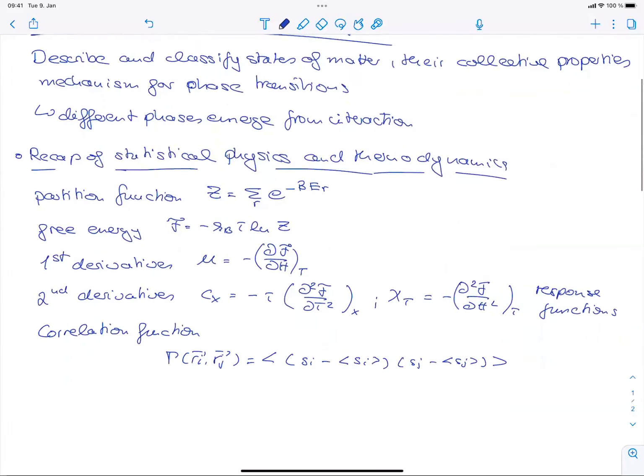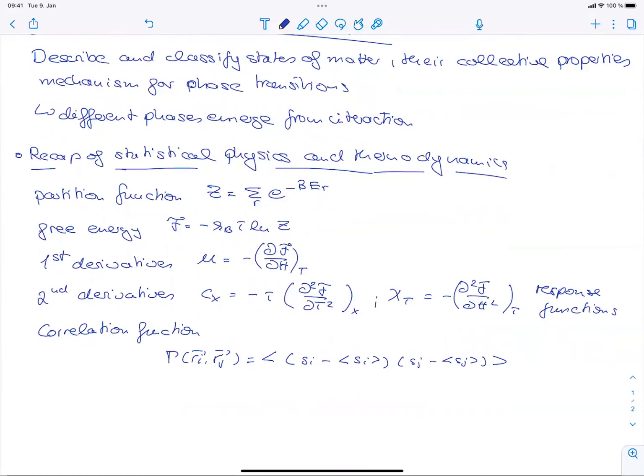And that actually was very insightful because these fluctuations, we could show this, also relate to the response functions. So there's a connection between the fluctuations in the system and the response, which we see from summing over the correlations.